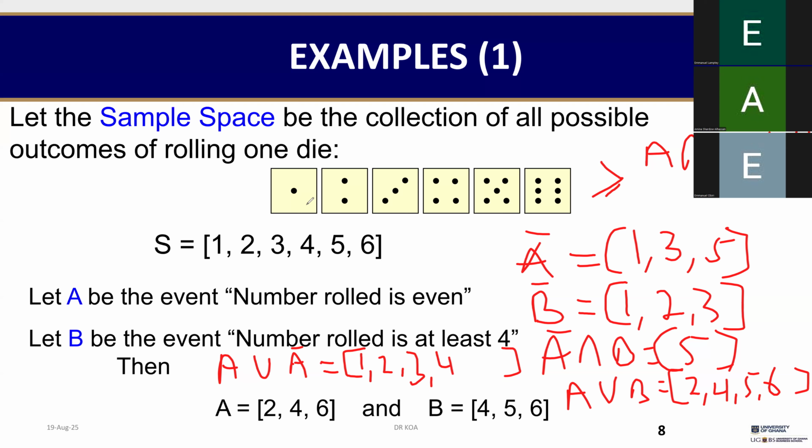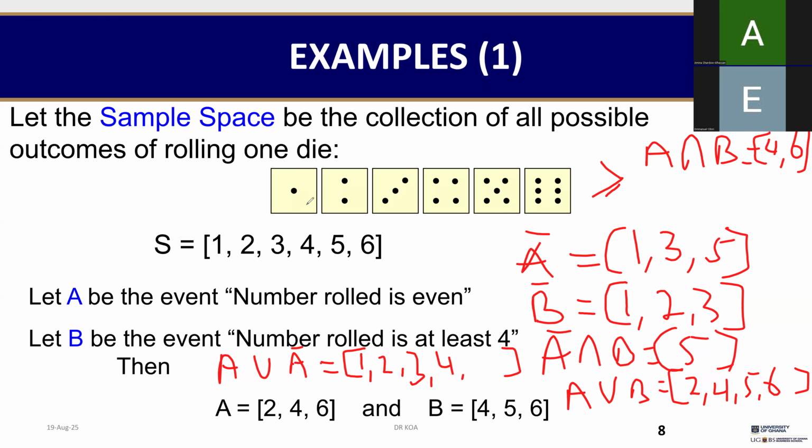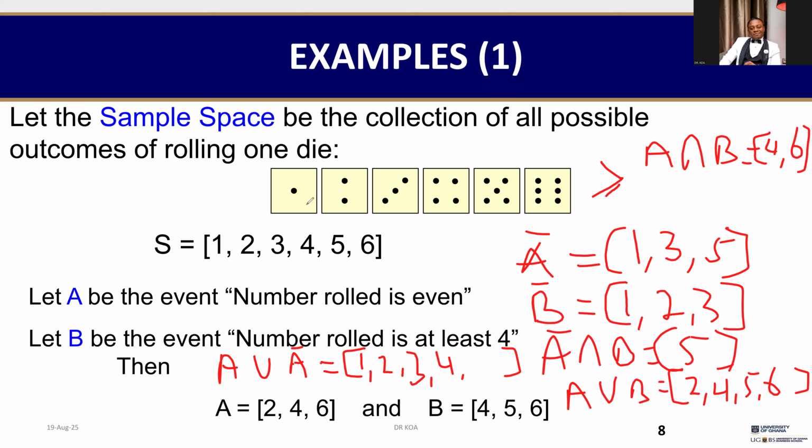Exactly. It's like telling you to tell me A and everything that is not in A, so it's everything. I could have asked you to prove that this is equal to the universal set, and it is equal to the universal set.